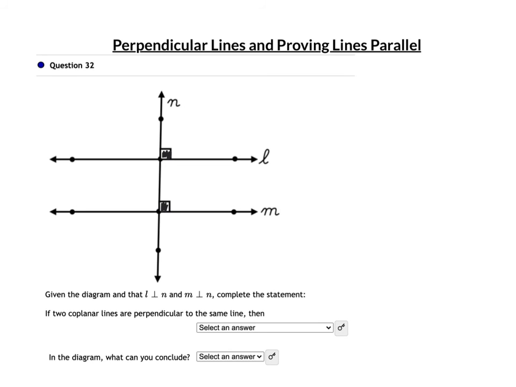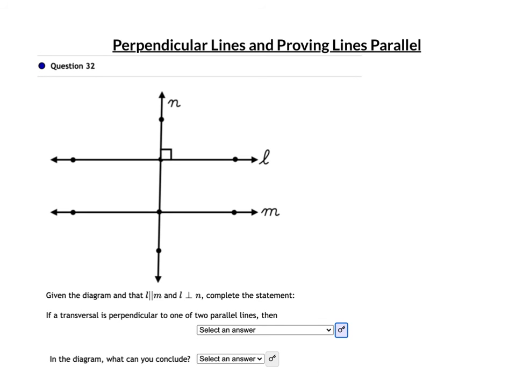If two planar lines are perpendicular to the same line, then they are parallel. Symbol for parallel is the two straight lines. And the diagram, what can you conclude? Well, that would be that L is parallel to M.